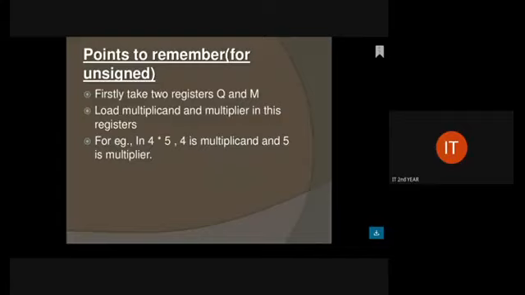These registers we are naming Q and M. Secondly, we are going to load the multiplicand and multiplier in these registers. For example, if we are going to multiply 4 and 5, then 4 is the multiplicand and 5 is the multiplier. We are going to convert 4 and 5 into binary numbers, and place them in the registers Q and M.